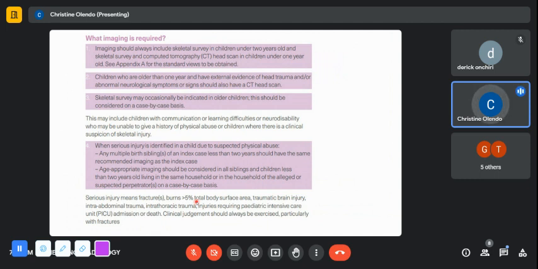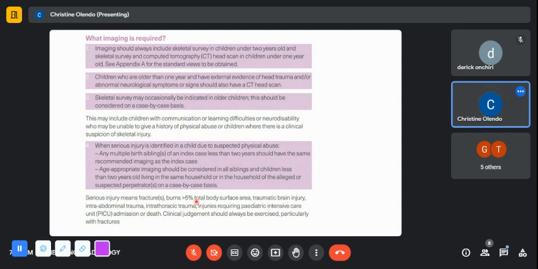So, what imaging is required? You need a skeletal survey for children under 2 years old, and a skeletal survey and CT head in children under 1 year old. For children who are older than one and have external evidence of head trauma and/or abnormal neurological symptoms, a CT head should be included.